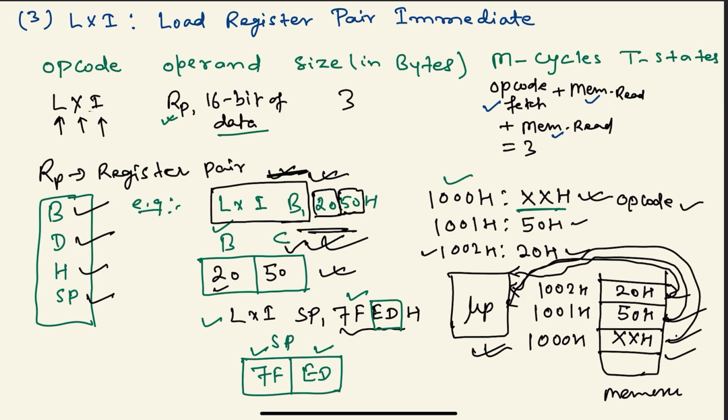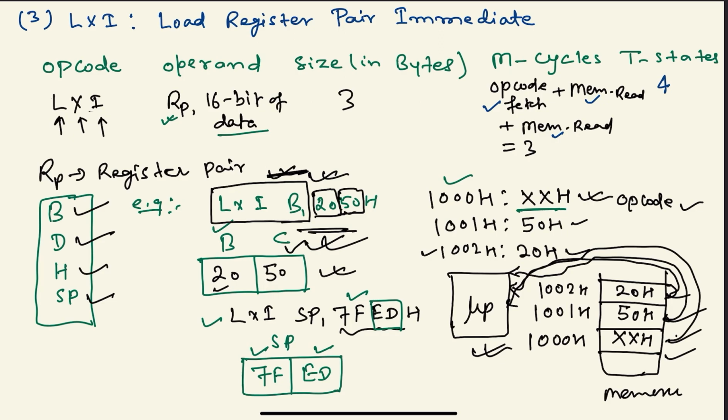There is one opcode fetch, and for all instructions the opcode fetch happens only once, and after that it is followed consecutively by memory reads. So the total number of machine cycles for this instruction is 3, and as we know, for the opcode fetch operation the number of T states required is 4, as I explained earlier that in general it is 4 for most instructions.